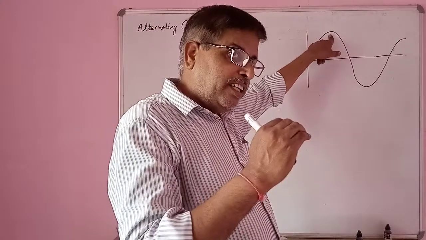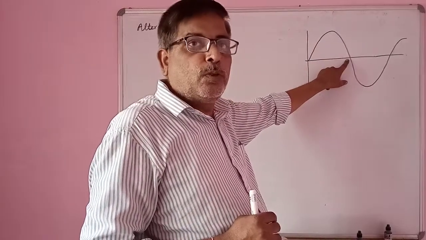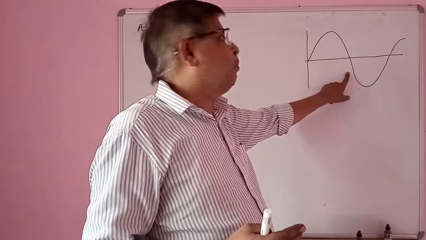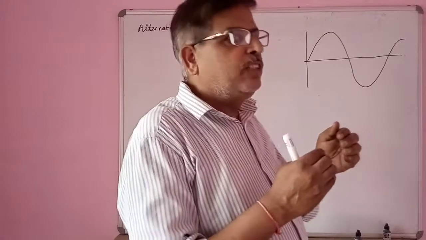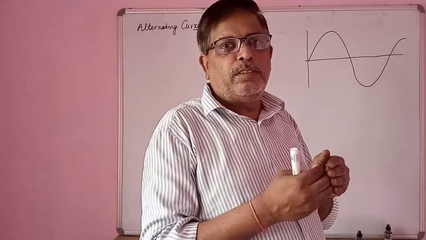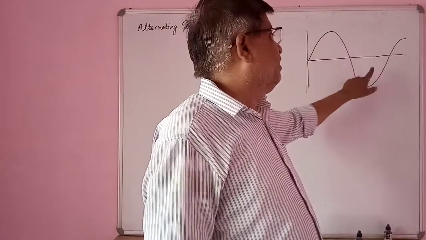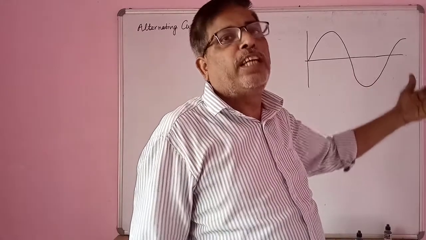Then again it decreases and becomes 0. Second time it is increasing in the opposite direction. One thing is there: this is not positive and negative. This is current in one direction and this is current in the second direction, the opposite direction.